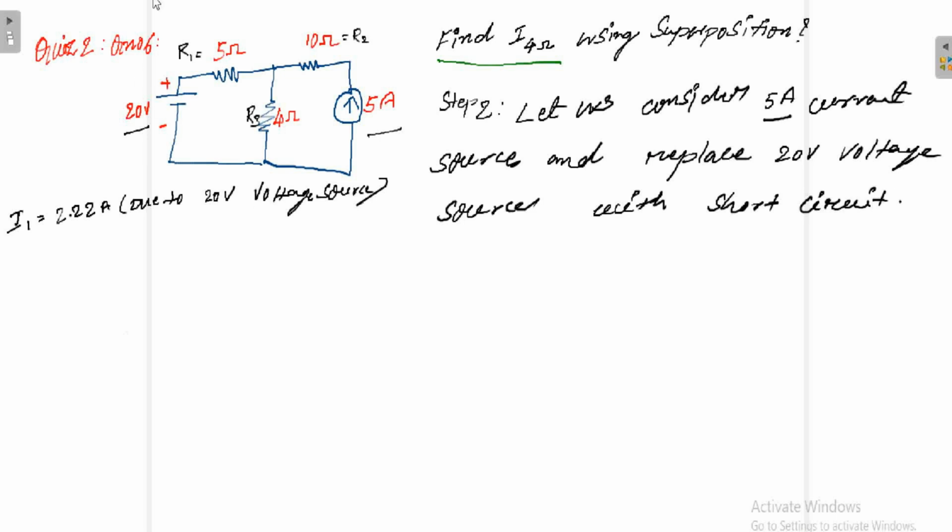By applying step 2 to the circuit, now the 20 volts is short circuited.